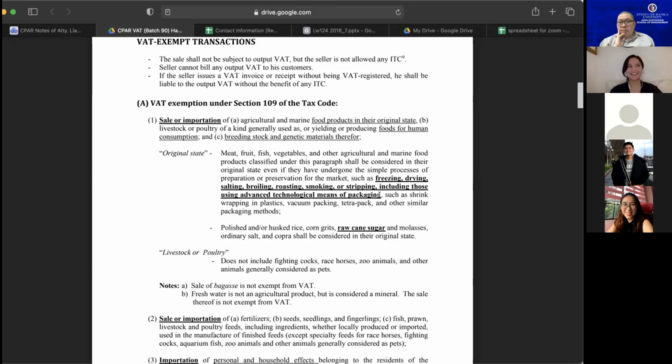It's carrots. Carrots? Yes, sir. Carrots as in original carrots, or It's like carrot chips. So you produce it and then it becomes chips from carrots. So will you have input VAT from your carrots?